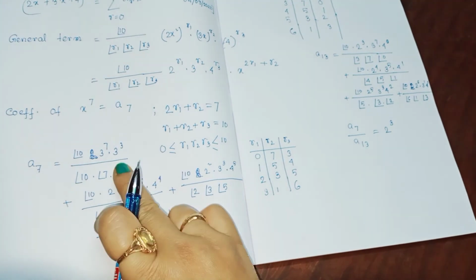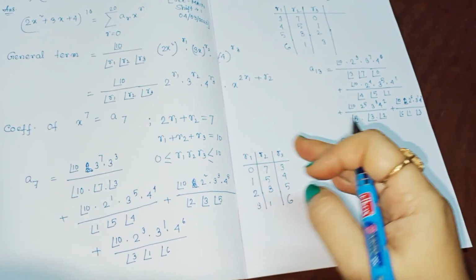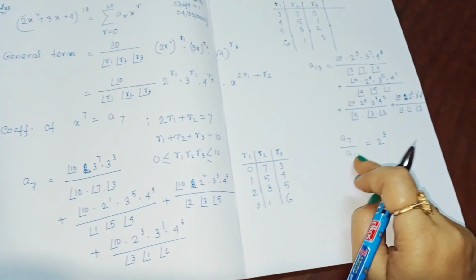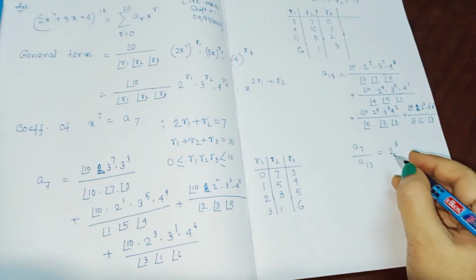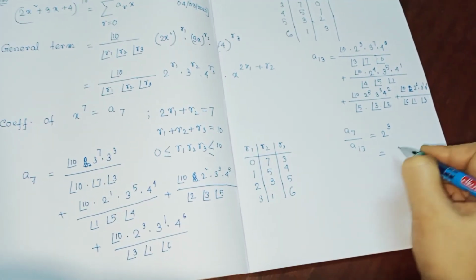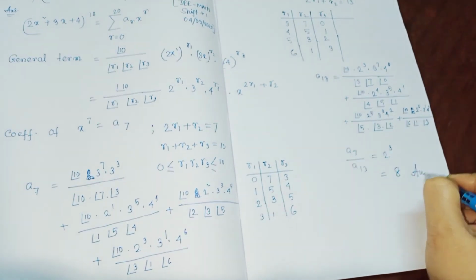After adding, the HCF is all cancelled off, and a_7 by a_13 is equal to 2³, and 2³ is equal to 8. So it is our required answer.